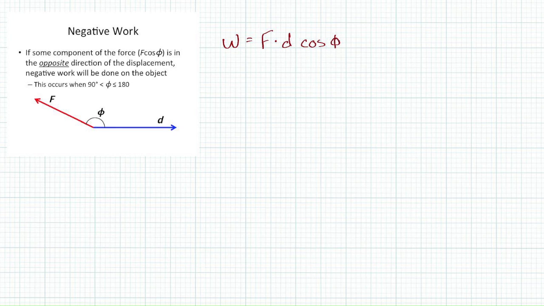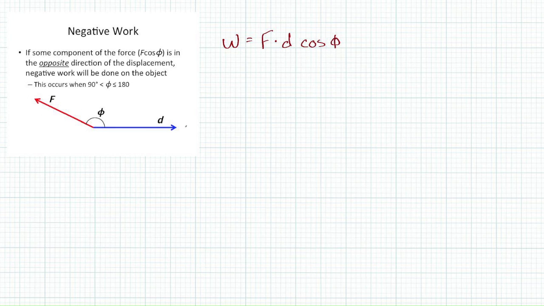Now, phi is simply the angle between the force and the displacement. For example, in the picture right here, our diagram, here's our displacement, right there in blue, and our force is right here. In this case, the force is at more than a 90-degree angle away from it, looks like 160, 170 degrees, which means it's going to be negative work.